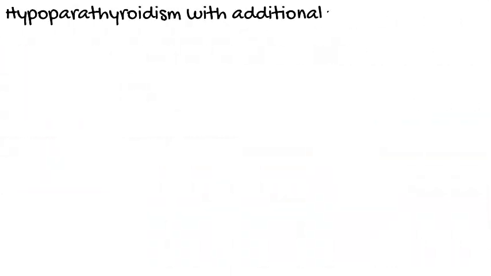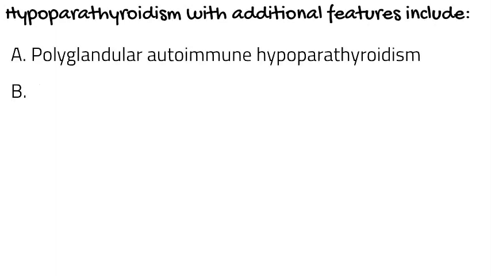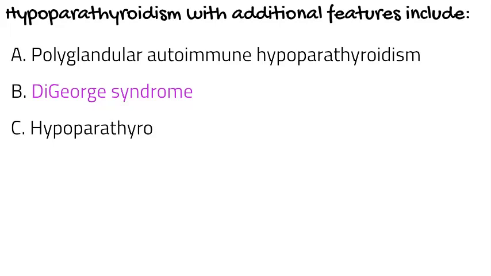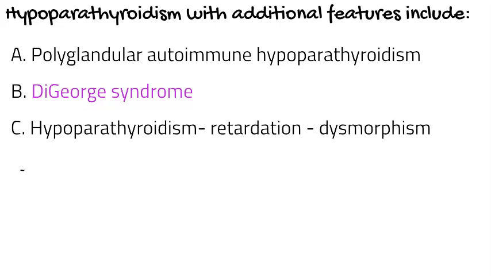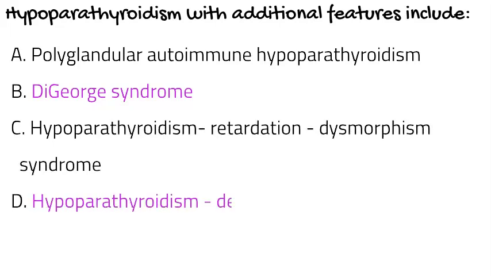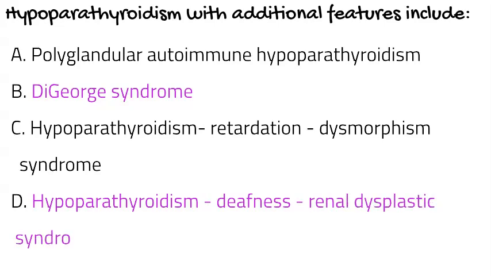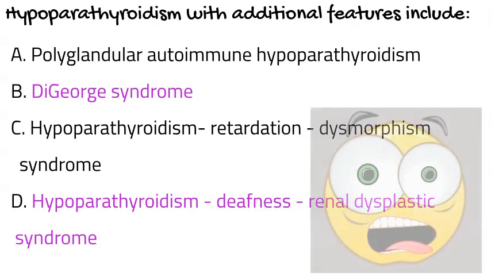Hypoparathyroidism with additional features includes: A. Polyglandular autoimmune hypoparathyroidism, B. DiGeorge syndrome, C. Hypoparathyroidism retardation dysmorphism syndrome, and D. Hypoparathyroidism deafness renal dysplasia syndrome.